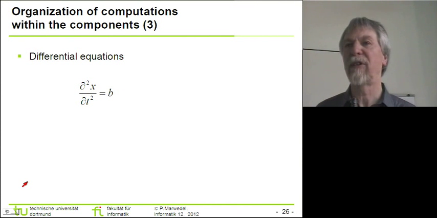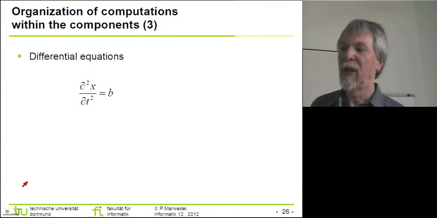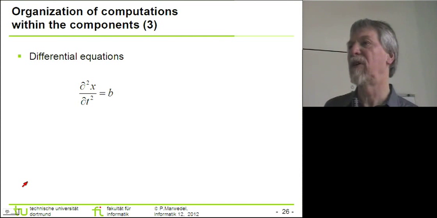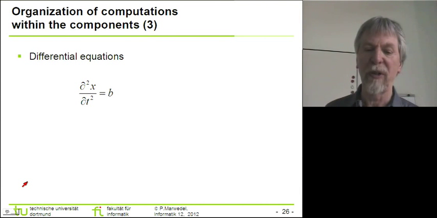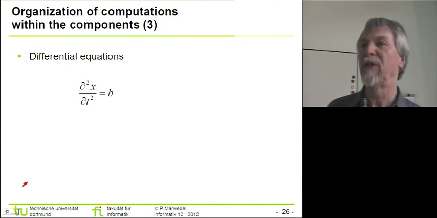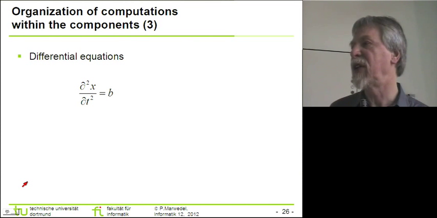Now, if we look at the cyber-physical context, we realize that there are also other ways in which we could describe the local behavior there in the components. We could, for example, use partial differential equations.